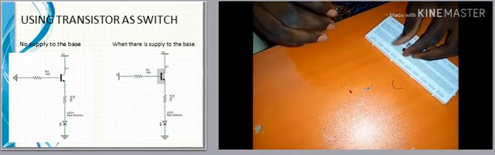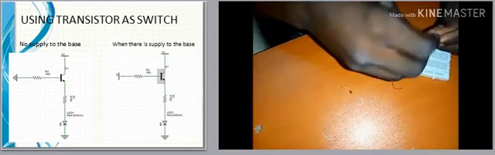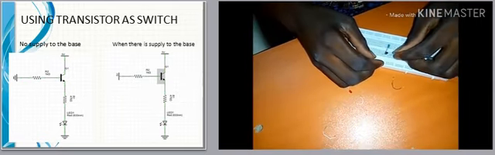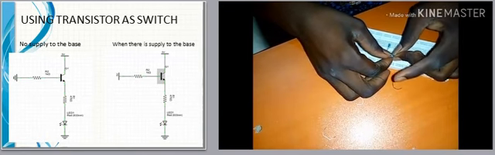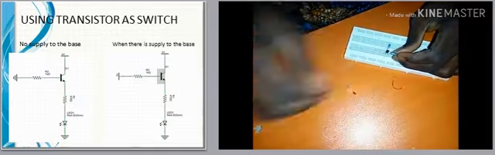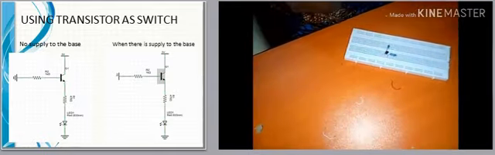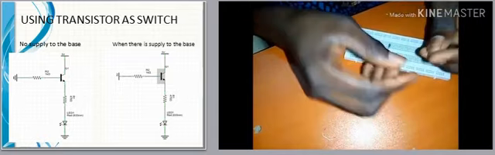Then from the emitter, it goes to the 220 ohm resistor, which then goes to the LED. Make sure that the positive side of the LED is connected to the resistor.